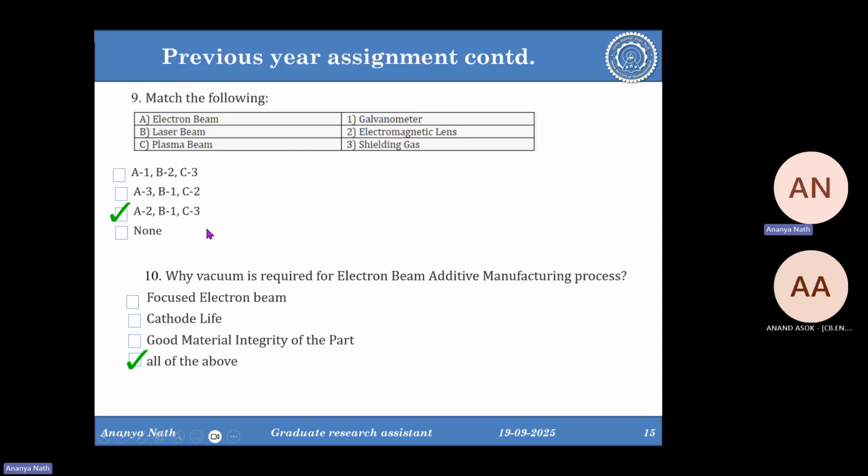So you can see in case of plasma beam, we get the plasma beam by electrically charging the gas. And like that, you can match plasma beam with shielding gas.